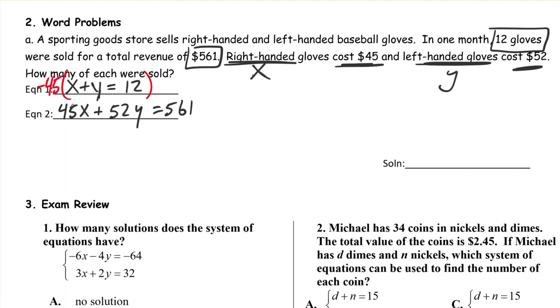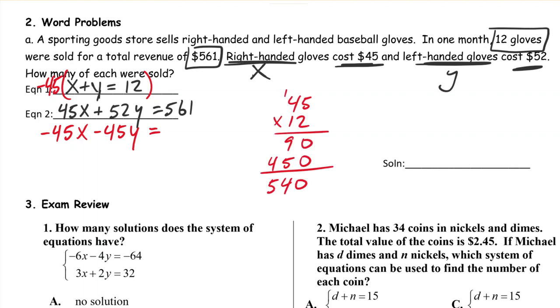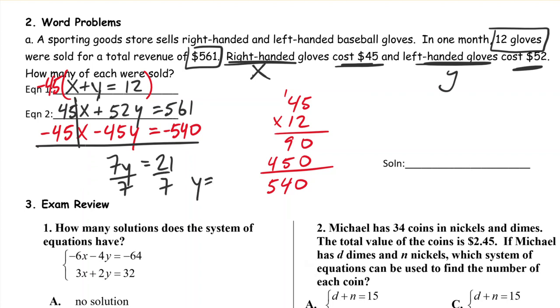So we get negative 45x minus 45y equals negative 540. So when we add these together, our x's cancel. We get 7y equals 21. Divide by 7. And y equals 3.